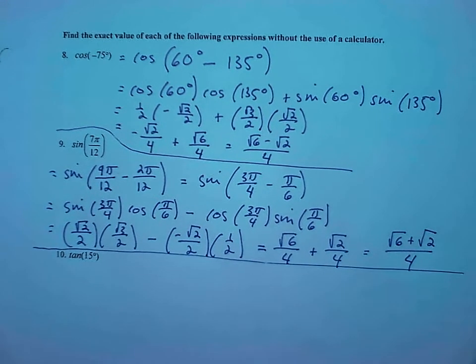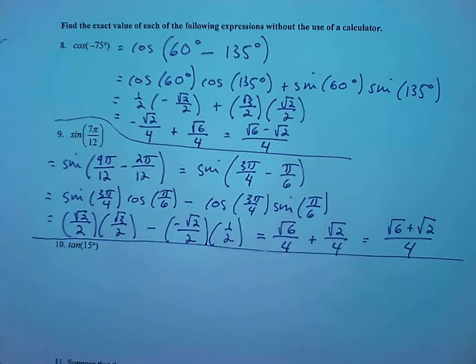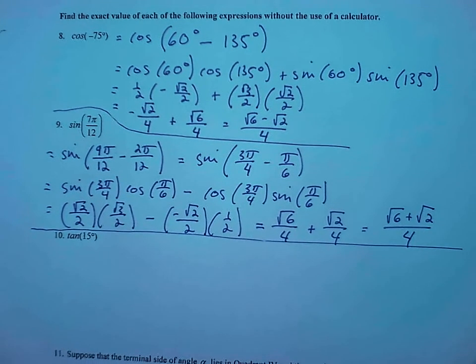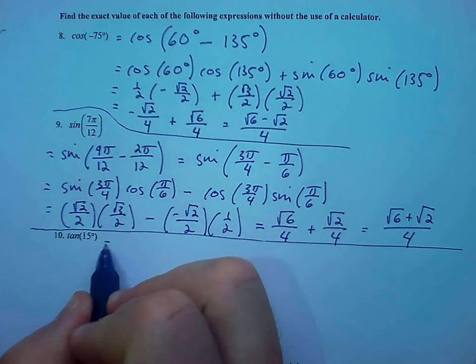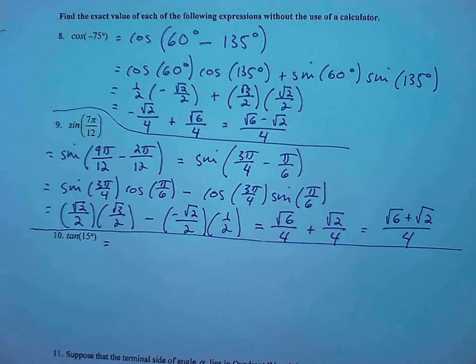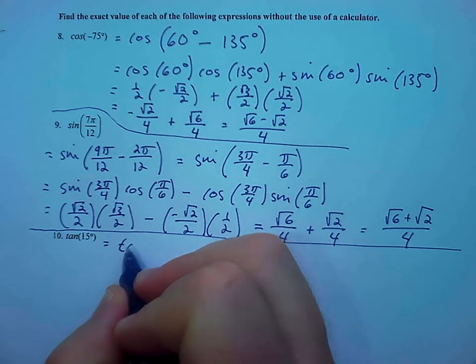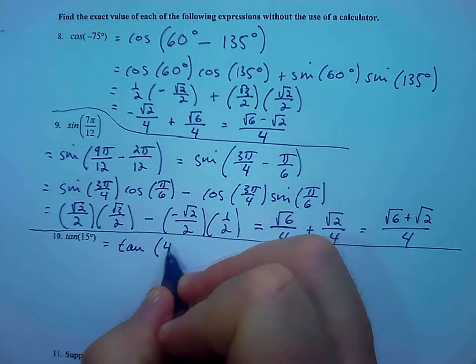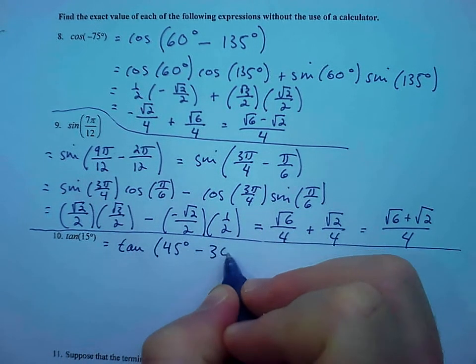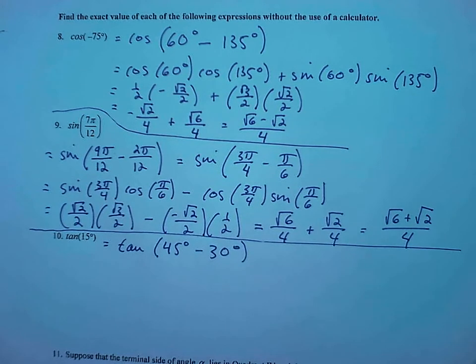Alright, let's do number 10. 10 has the tangent of 15 degrees. If I ask you what the tangent of 15 degrees is, chances are you don't know that off the top of your head. But what you do know is that 15 degrees we can rewrite as 45 degrees minus 30 degrees.